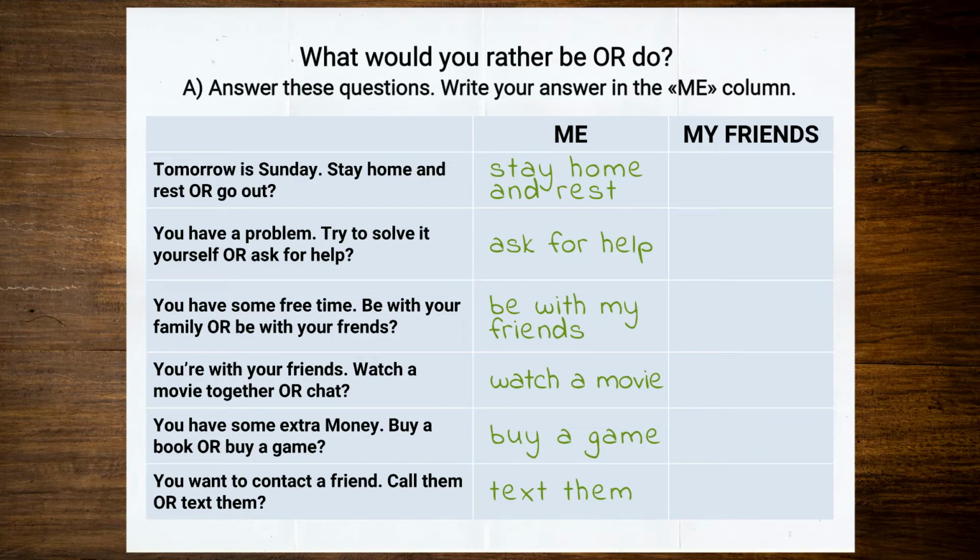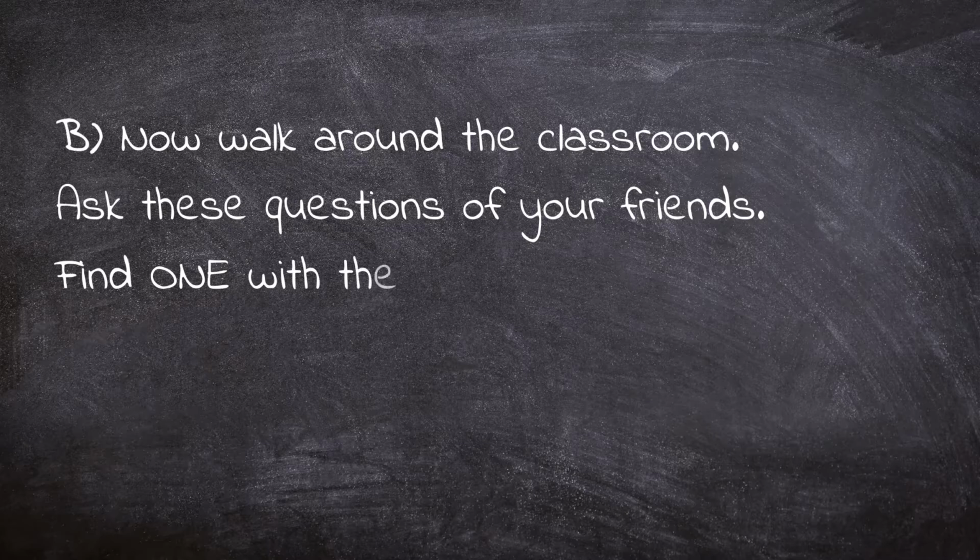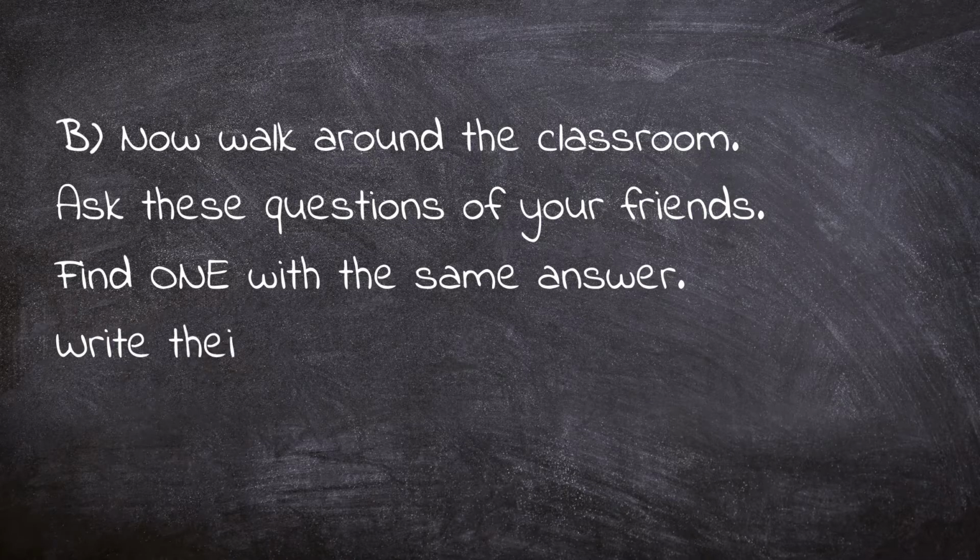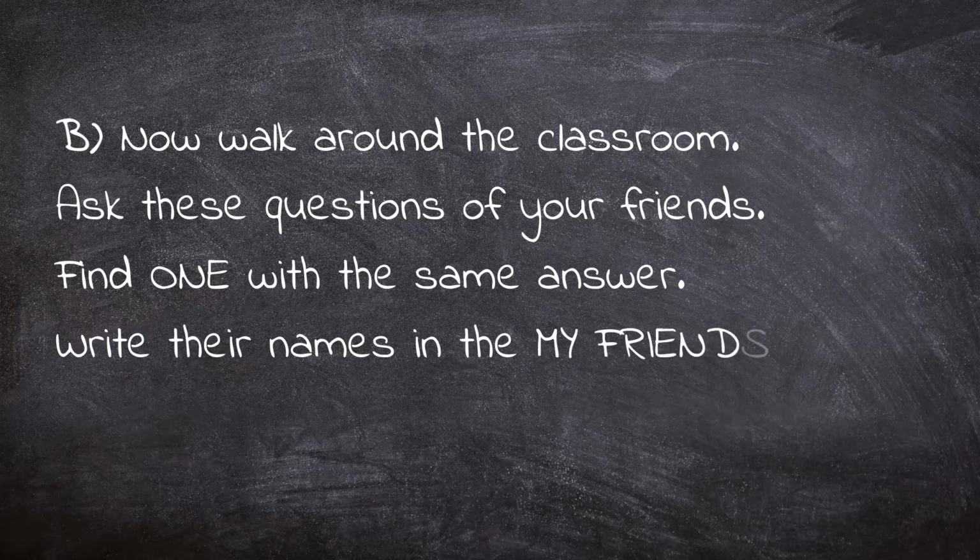When they're done answering these questions for themselves, I ask them to stand up and mingle, walk around the classroom, and ask these questions of their friends. I want them to find one friend with the same answer that they have given, okay?